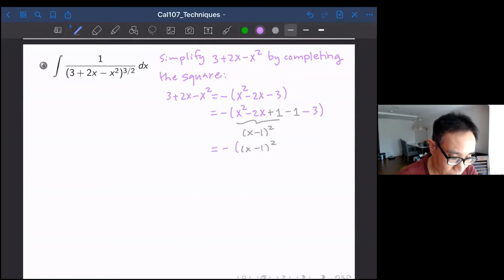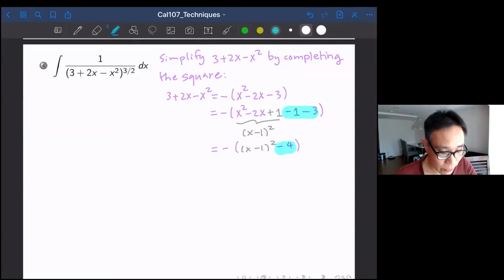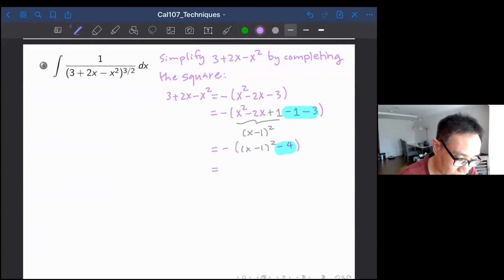So you get minus 4 in total. This is the blue term here. If you multiply the negative sign into this, it's going to be 4 minus (x minus 1) squared.